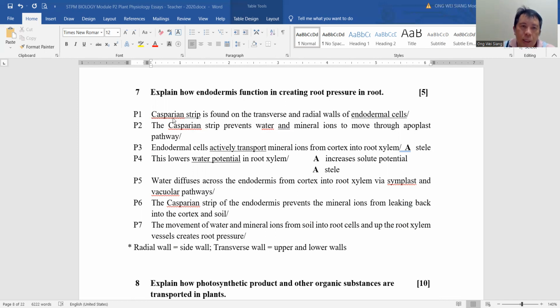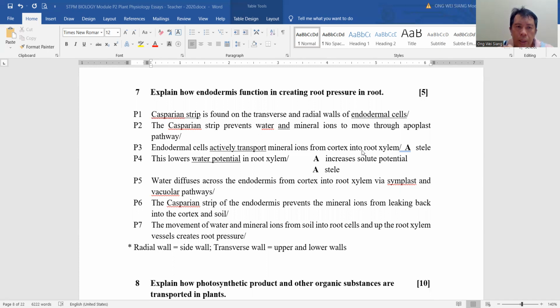This is because of the presence of the Casparian strip, which is found on the transverse and the radial walls. Transverse is like this, and radial is like this on the wall. That prevents the water and mineral ions from moving through the apoplast pathway in the endodermis. So the endodermis actively transports mineral ions from the cortex into the root xylem.